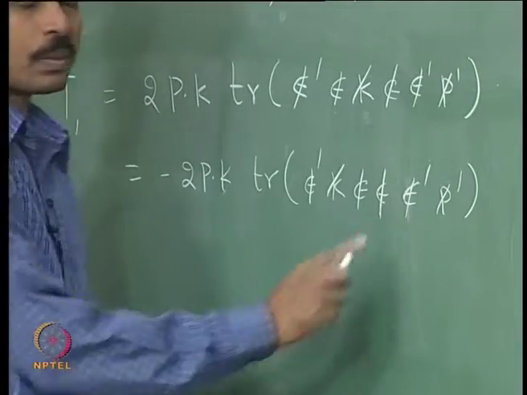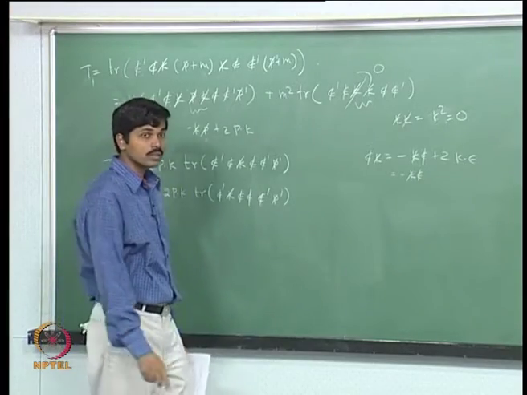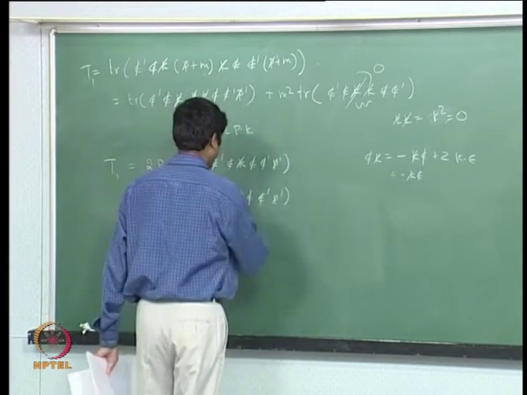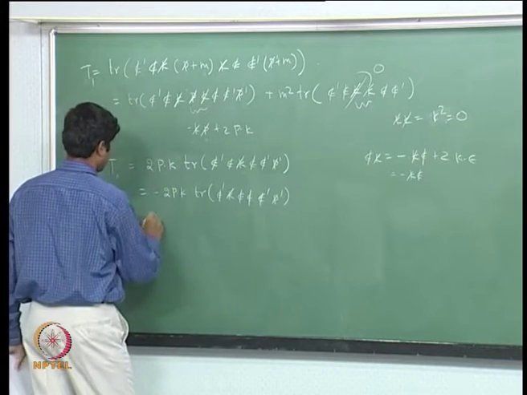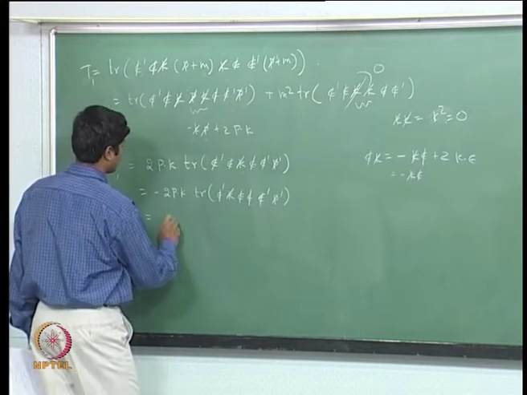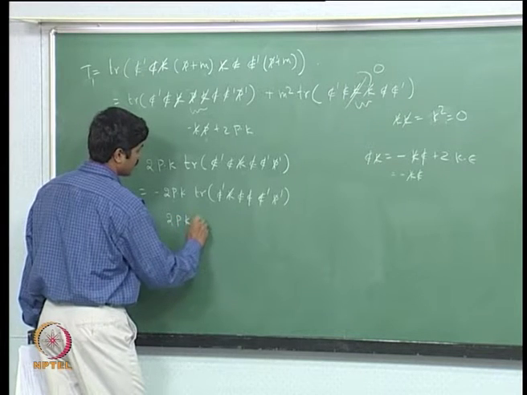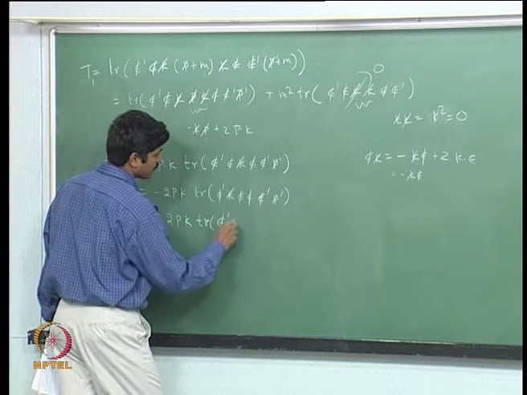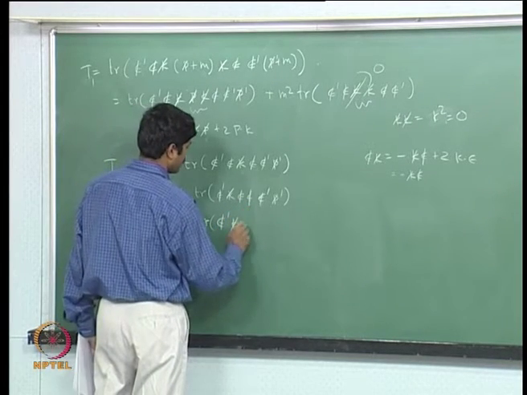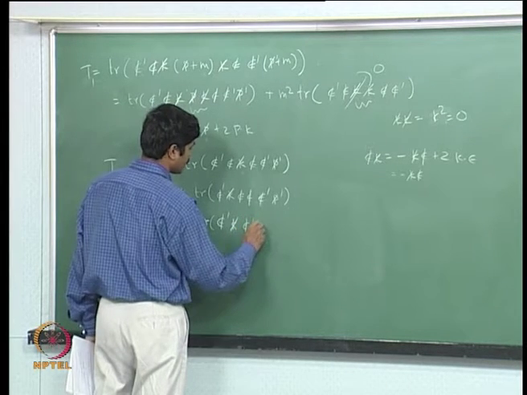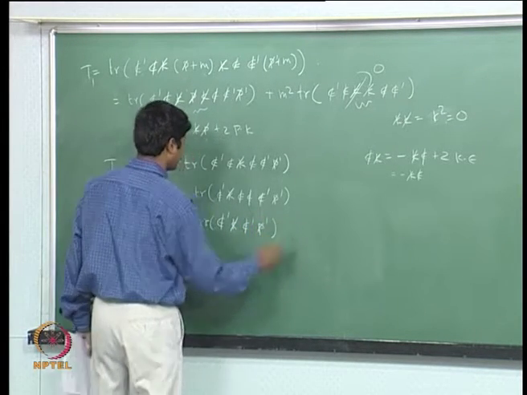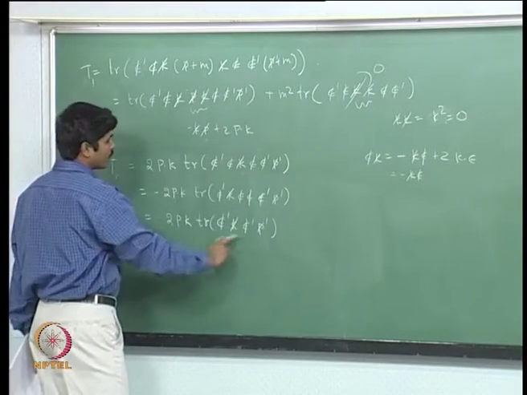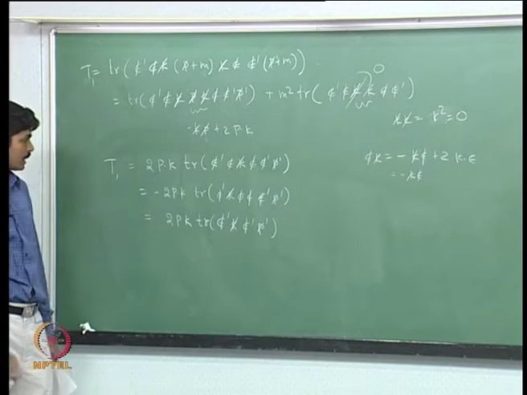What is epsilon slash epsilon slash? It is minus 1, right. So, because of the metric that we have chosen, this is minus 1. So, this will give me simply twice p dot k trace of epsilon prime slash k slash epsilon prime slash p prime slash. So, all this complicated looking term, we just reduced it to this simpler expression.